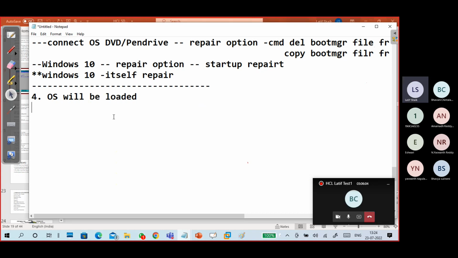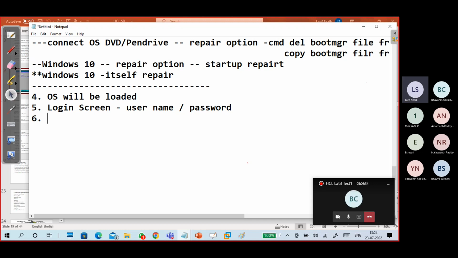So you got your operating system. Then what is the fifth one? The login screen. Put your username and password. Completed.